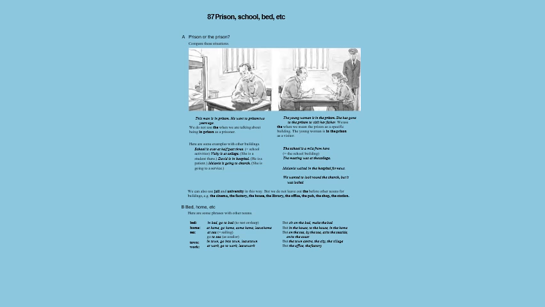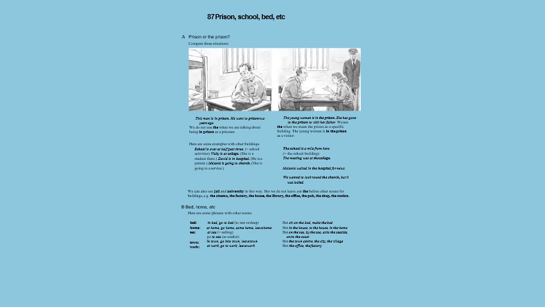So Unit 87 discusses the use of the in different situations. If you have your book open in front of you, that will be a good idea, because the writing on the screen is quite small. Prison or the prison.